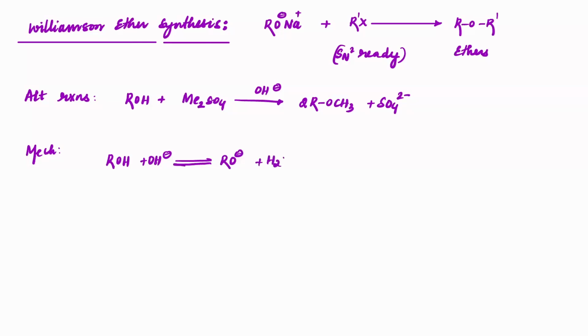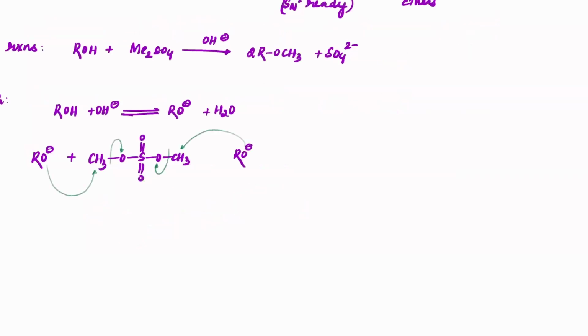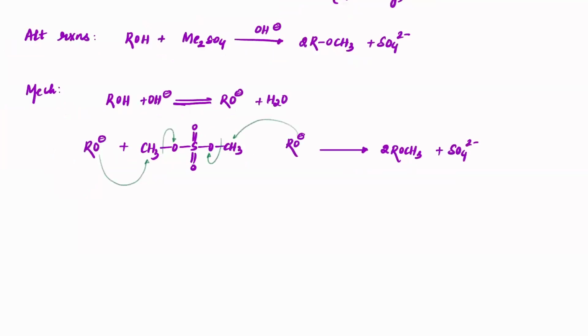Now this RO minus reacts with the methyl connected with sulfate. In fact, RO minus of 2 moles can be utilized. One mole attacking here, O minus is relieving. Attacking here, O minus is relieving. This way, you will get 2 moles of ROCH3 and a sulfate formation.